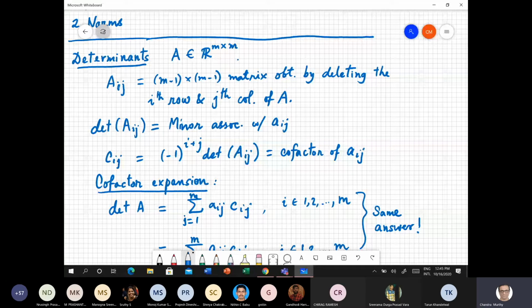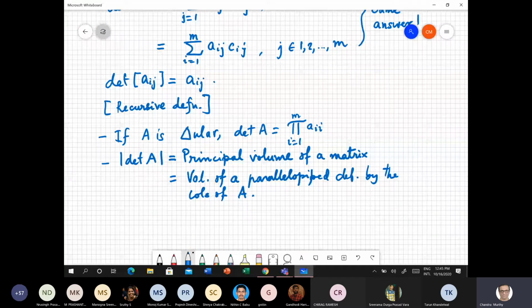Okay, so this is the volume of a parallelepiped defined by the columns of A. For example, I can only show you things in a two-dimensional case. If I define vectors associated with the two columns of A, so let's say it is 2, 3 and 5, 4, then I take 2 along the x-axis and 3 along the y-axis.